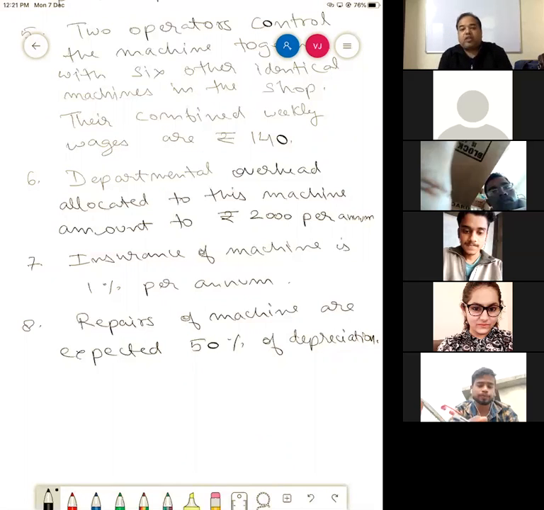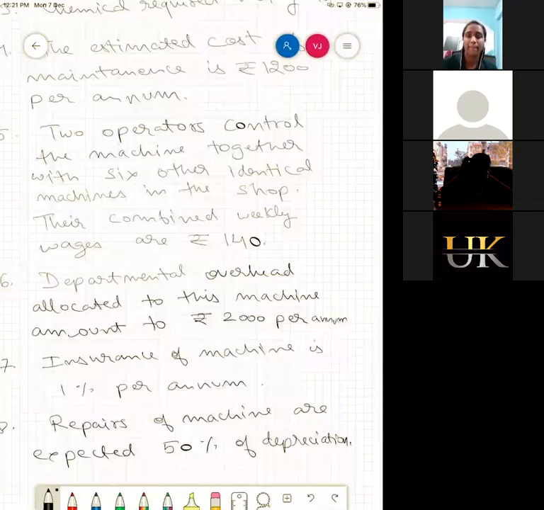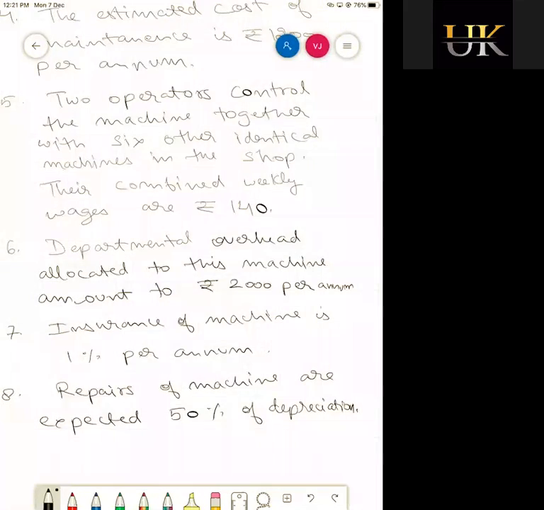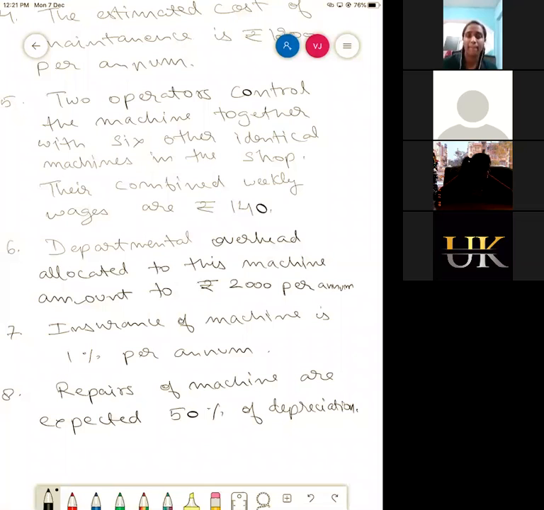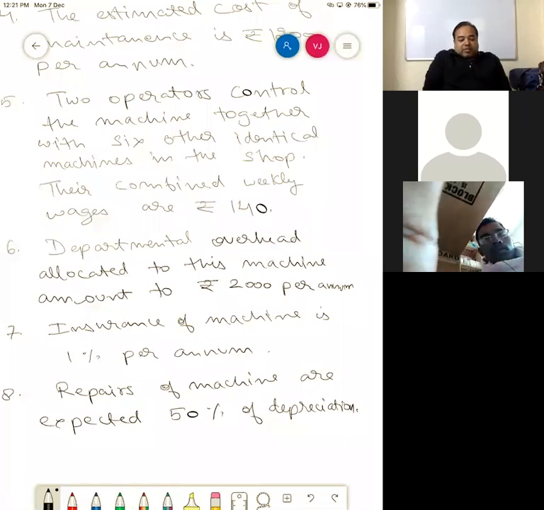First of all, you read the question once again, everybody. Then only we will be moving ahead. You read the question once again so that you know all the things that are under consideration. We are going to compute machine hour rate. And for that computation, we are going to compute standing charges and machine expenses.